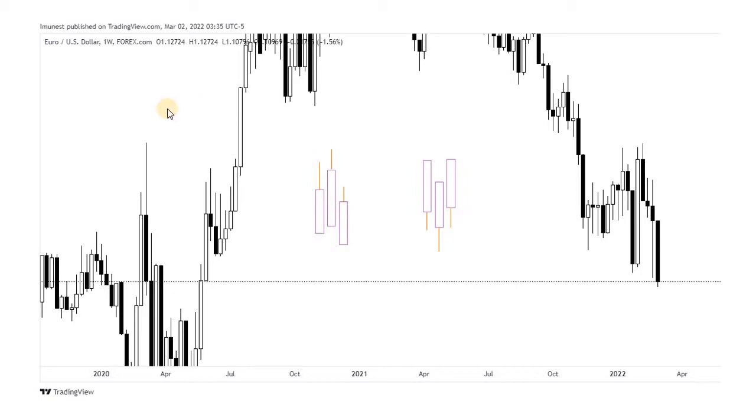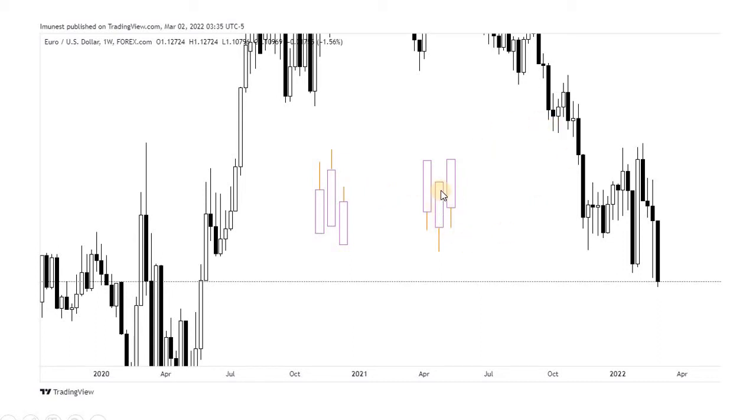What do we really mean by a swing high based on the 3 candles description? When you have 3 candles this way and the one in the middle is higher than the one on the right and on the left, or the highs of the first and the third candle are lower than the high of the middle candle, then we say we have a swing high.